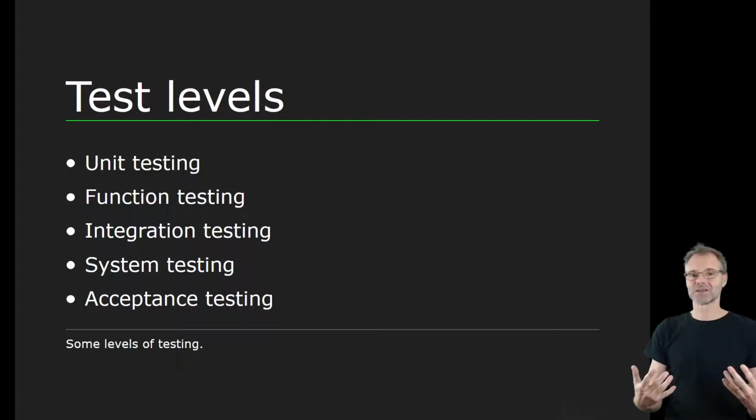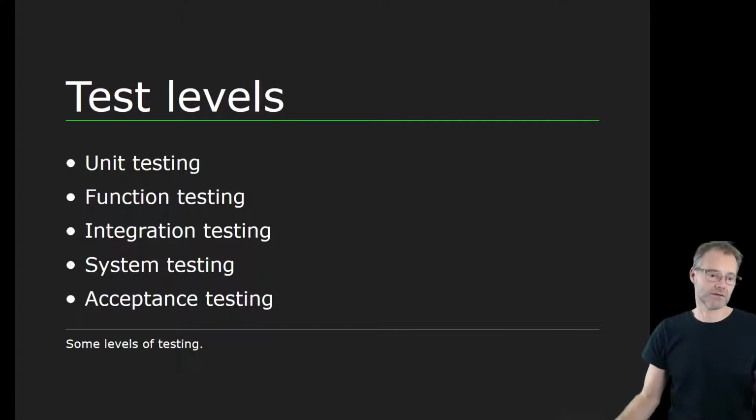At the end, when the system is complete, we could do system testing. We test the whole system and ensure it can be installed, works in its environment, doesn't crash when someone does something, like pull the plug to the internet or something like that.